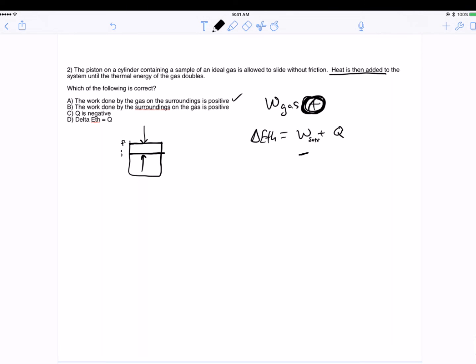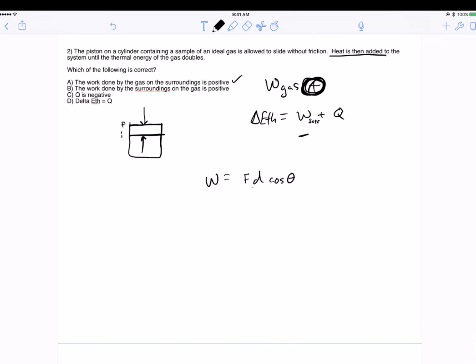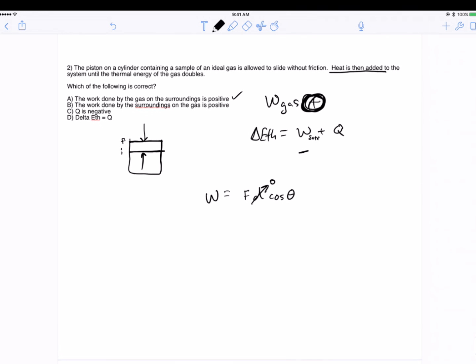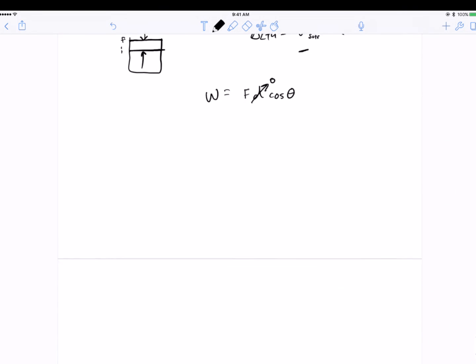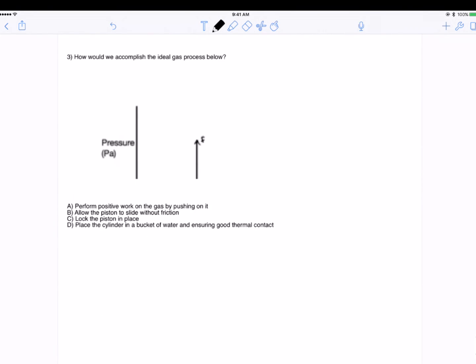So without displacement, work must equal 0. And therefore, delta E_th will equal Q.